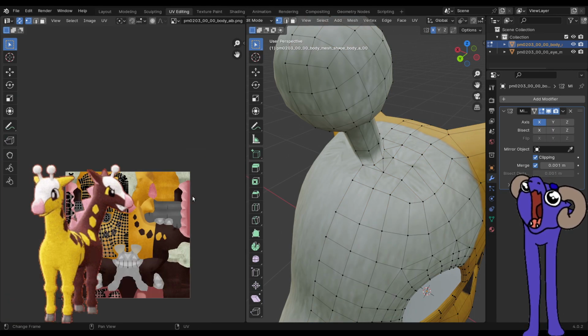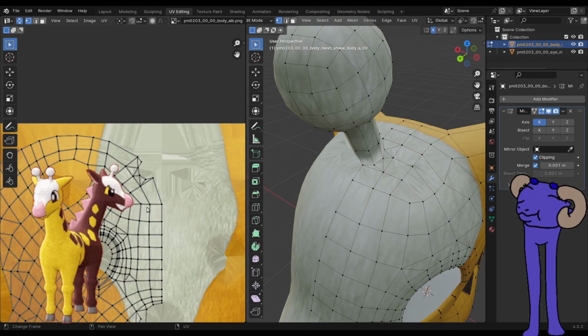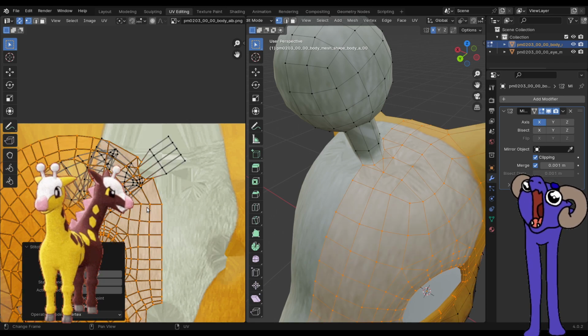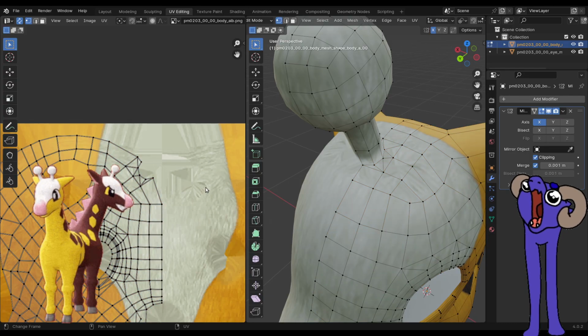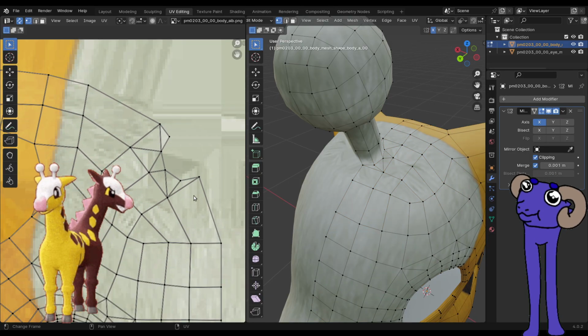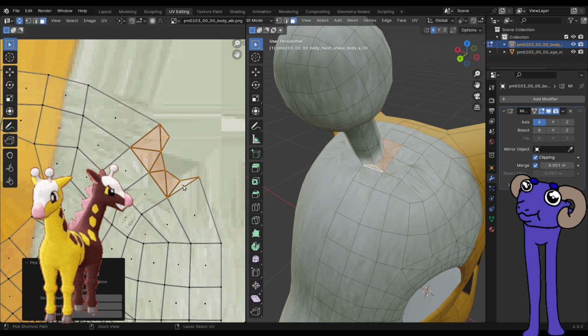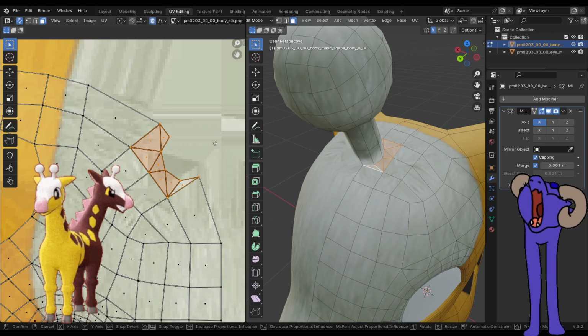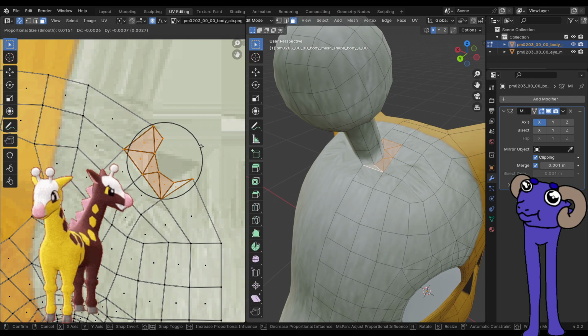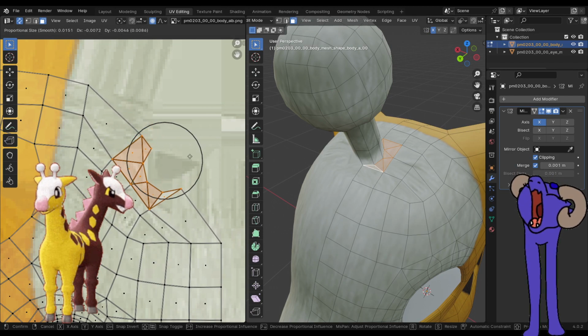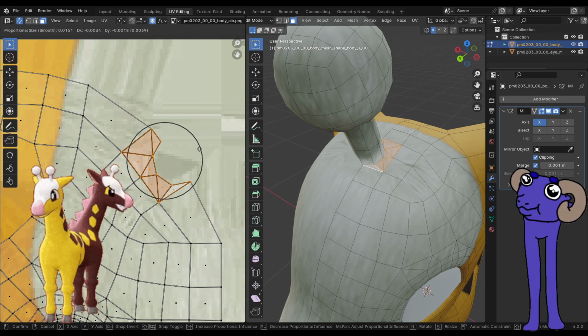No, no, no. Why aren't these stuck together? Why is it being weird? I guess I just gotta like... Oh god. Do that? That solves the issue, kinda.